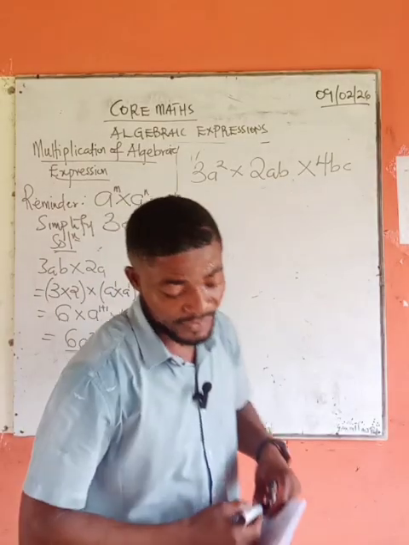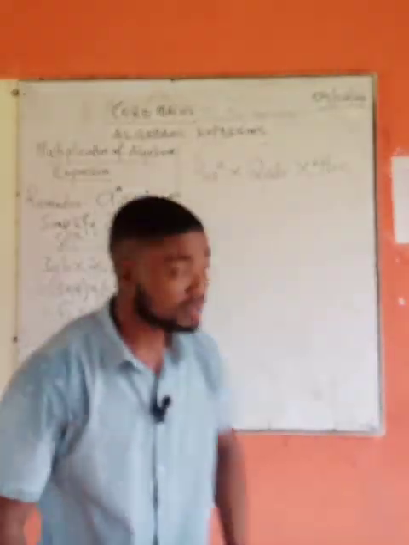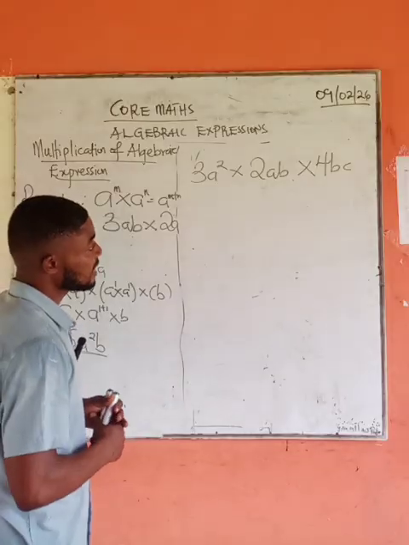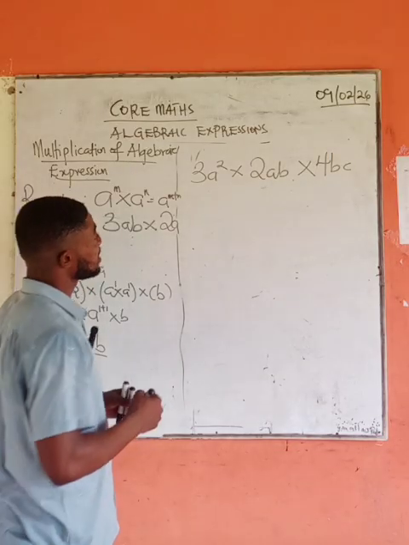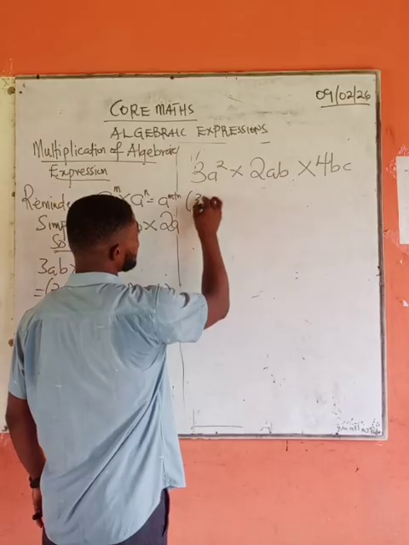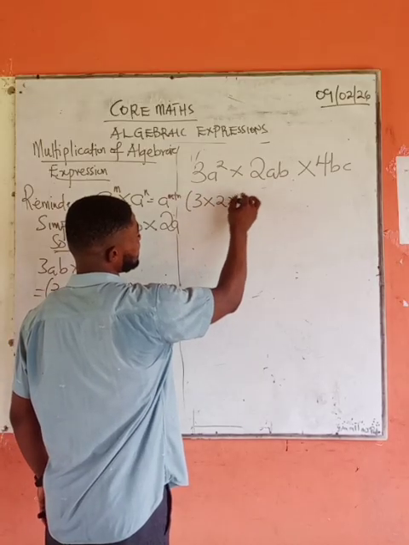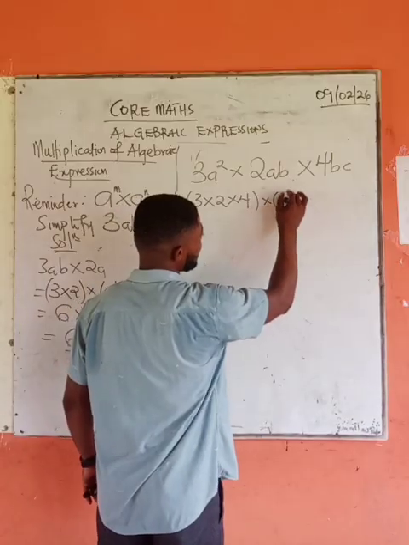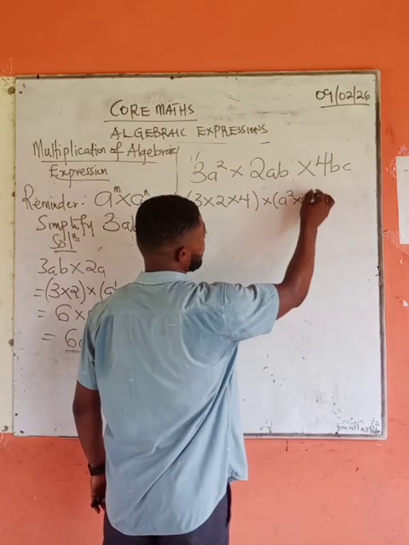So we have 3 variables, a, b, and c. And then we have 3 constants or coefficients, 3, 2, and 4. So we do 3 times 2 times 4, all of these times a squared times a power 1.